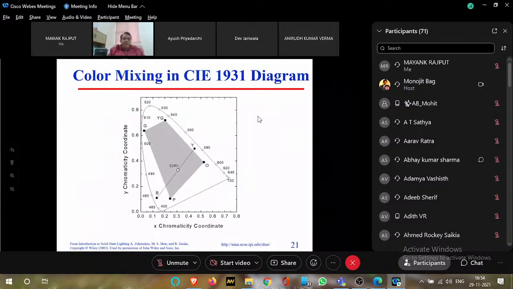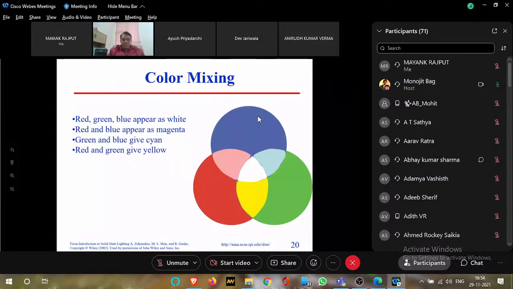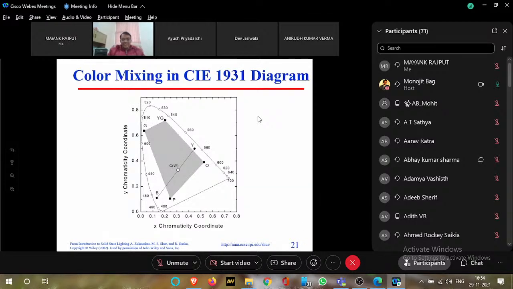Okay, so as I said, to get white light you can mix RGB. Now the question is, is it only RGB, or can we mix just two colors and get white light? Here is one shaded area you can see.